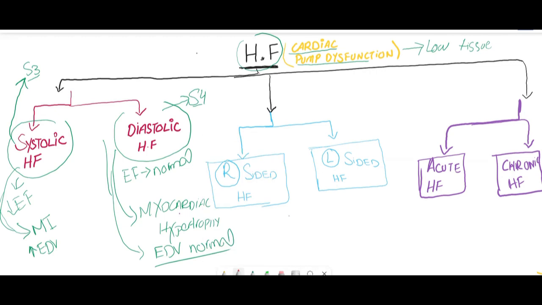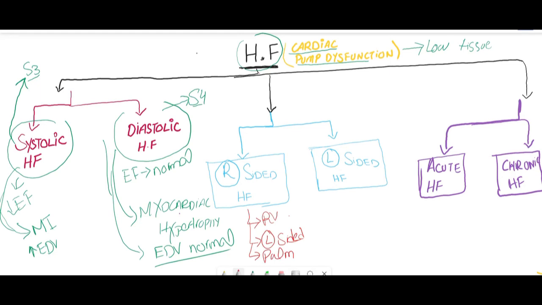Right-sided heart failure is basically right ventricle pump failure, and the most common cause of right-sided heart failure is left-sided heart failure. It may also arise due to a pulmonary cause.